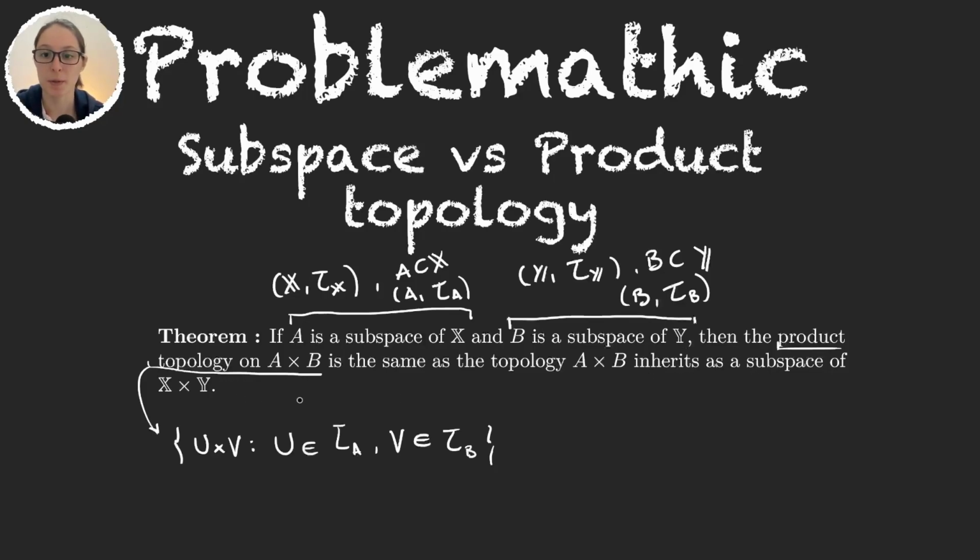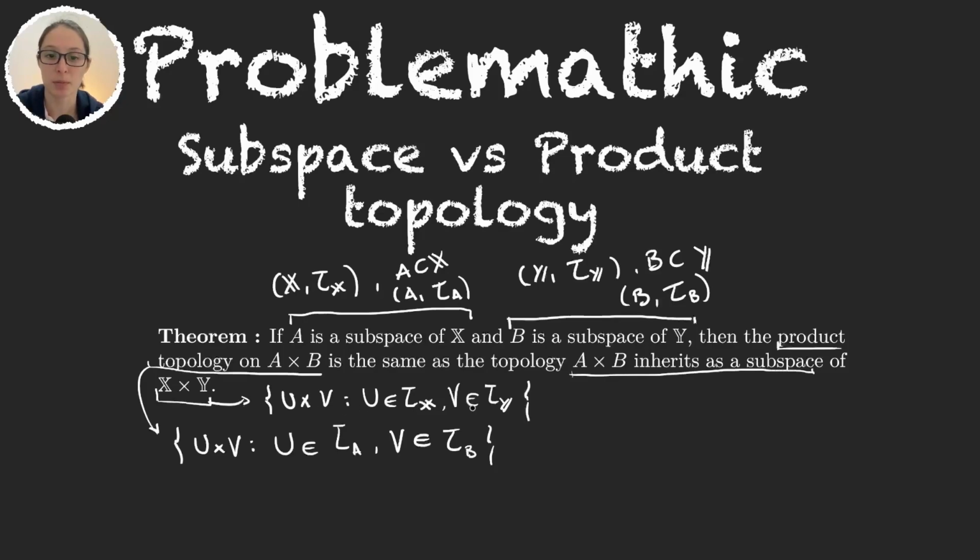So first we have the topology of X times Y. This is going to be very similar to this, only that it's generated by the U times V with U an element in tau X and V an element in tau Y, and the topology A times B inherits as a subspace is going to be the subspace topology inherited from this one.